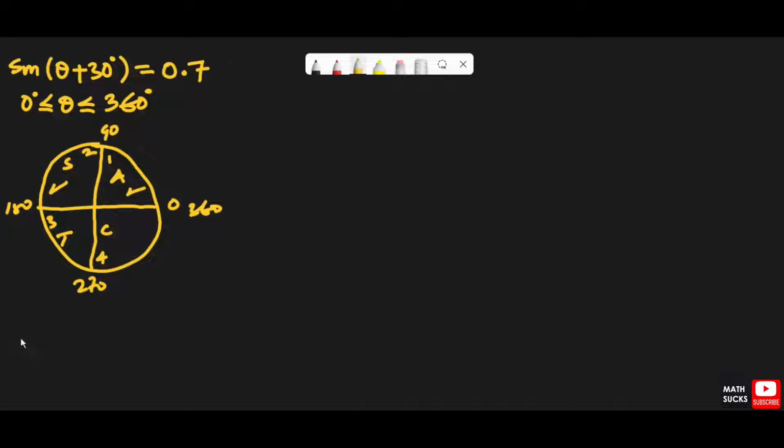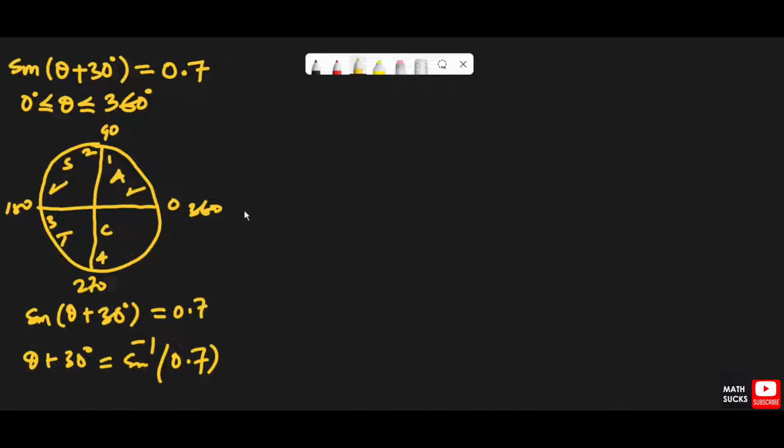So let's begin. If you have sine of theta plus 30 degrees equal to 0.7, that means theta plus 30 degrees is the sine inverse of 0.7.